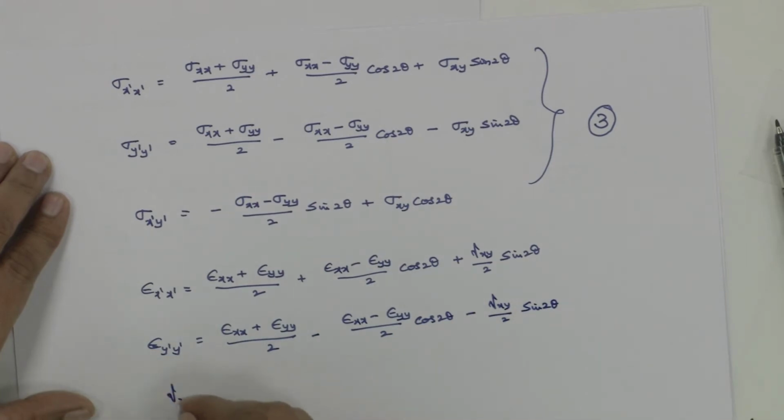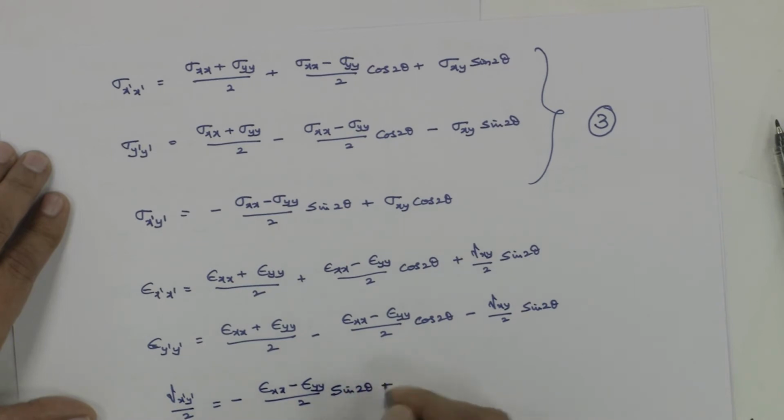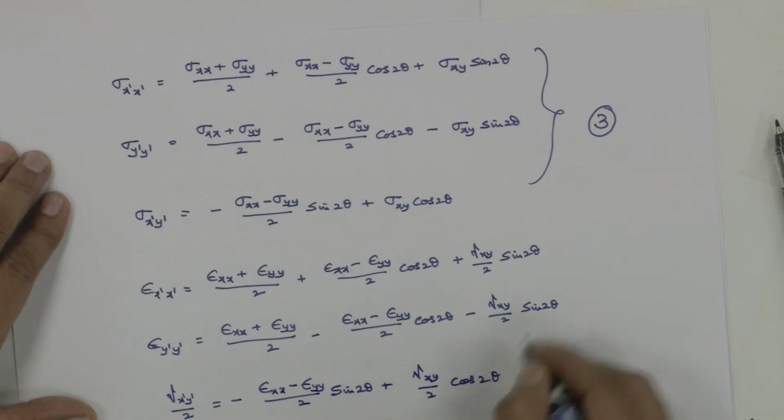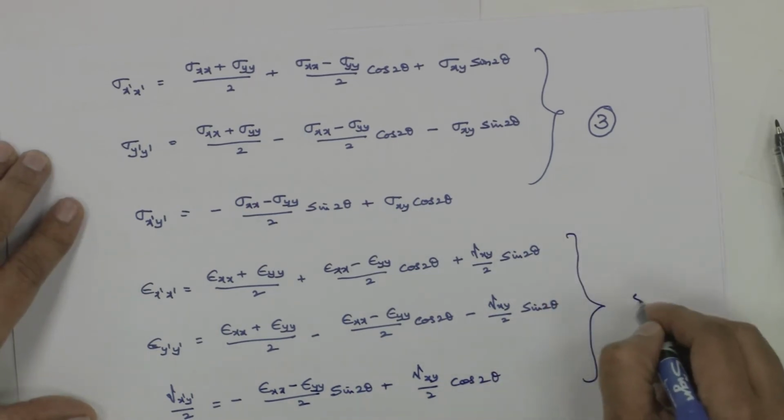Gamma x prime y prime by 2 is equal to minus (epsilon xx minus epsilon yy) by 2 sin 2 theta plus gamma xy by 2 cos 2 theta. Let's call the whole of this equation 5.